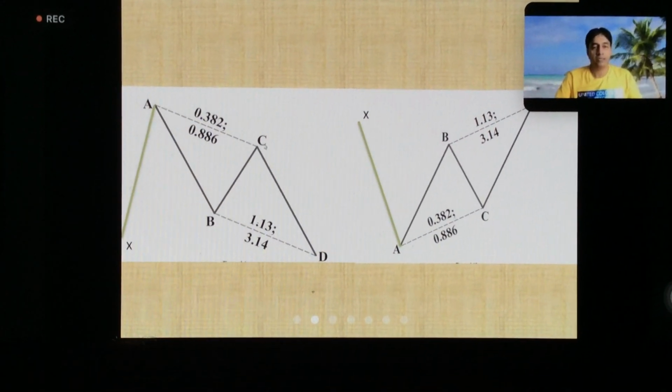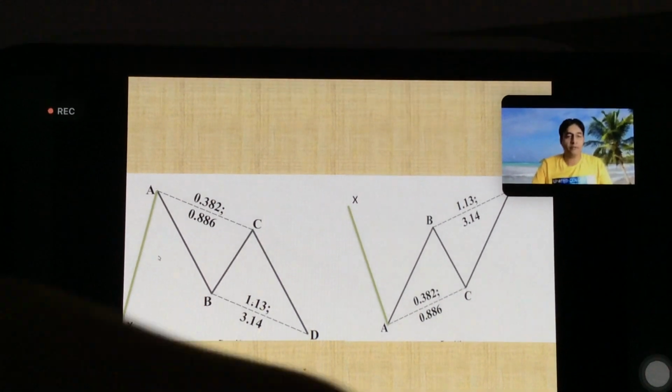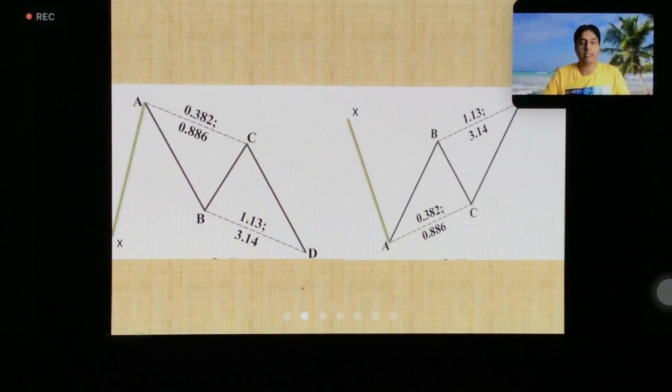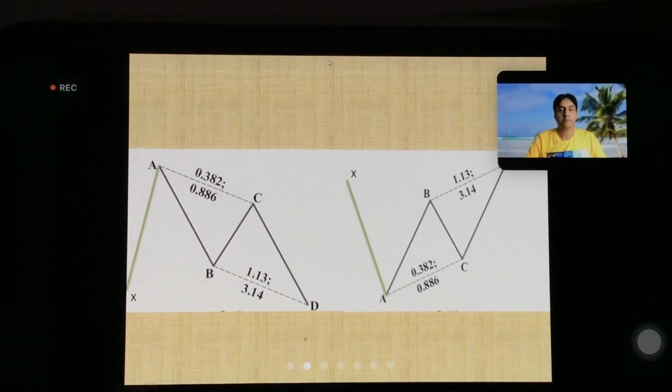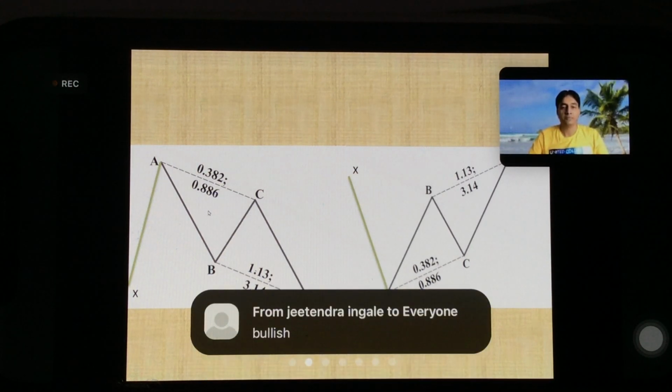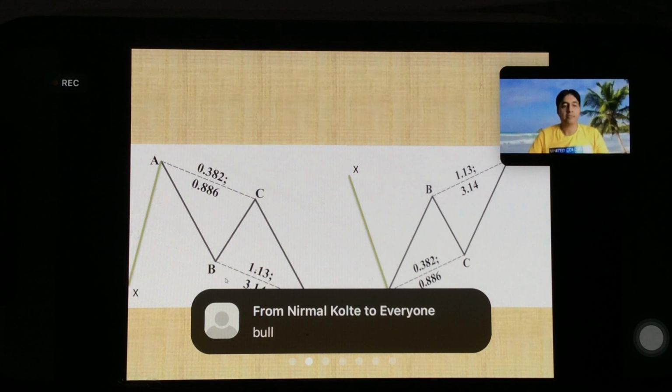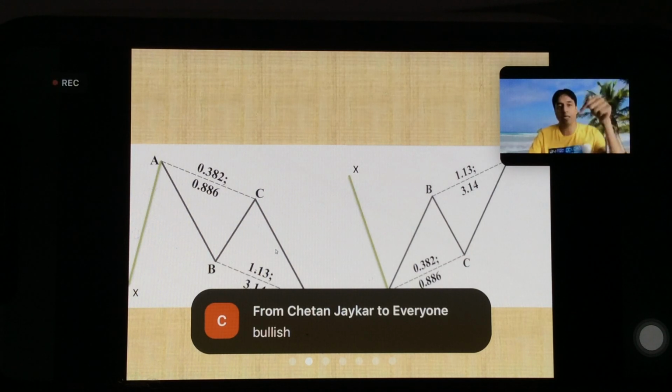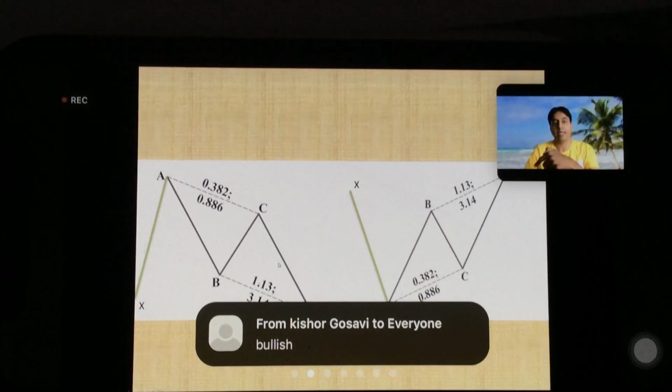So we have seen which is this ABCD. First one, is it bullish or bearish? First one, left side. Yes, it's bullish ABCD. We have found a pattern where price is coming down, retracing and going again.